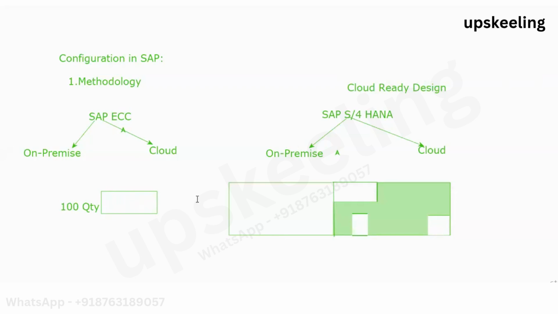So this 100 quantity can be split further, maybe 50 quantity here, and 20 are stored here and 30 are stored here, like that. If your software is cloud ready design, it will optimally use the memory space in the RAM or memory HDD.